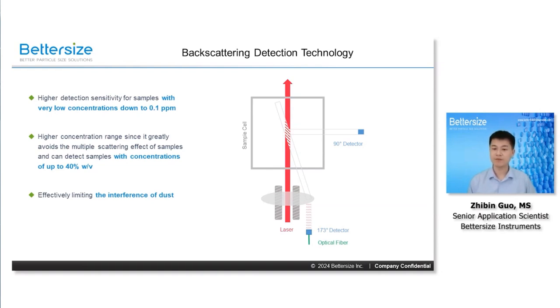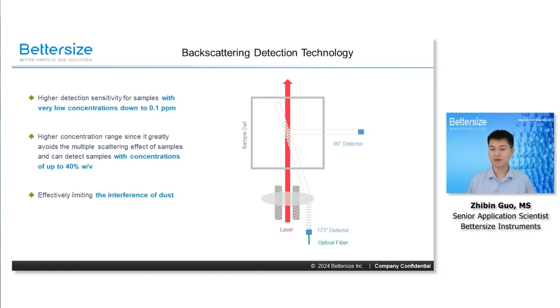This technology offers higher detection sensitivity, enabling particle detection in samples with concentrations as low as 0.1 ppm, and supports a wider concentration range, handling up to 40% weight per volume by reducing multiple scattering effects.